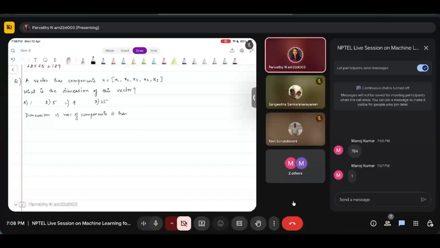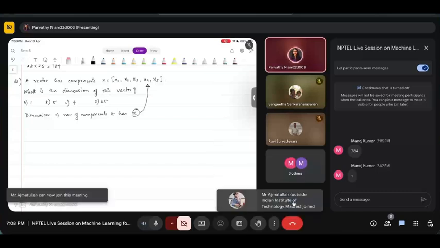In this case, the vector x has 5 components, x1, x2, x3, x4, x5. So the dimension of this vector is 5. A vector itself is a first order tensor, but dimension refers to the number of elements in the vector. So the answer is 5.